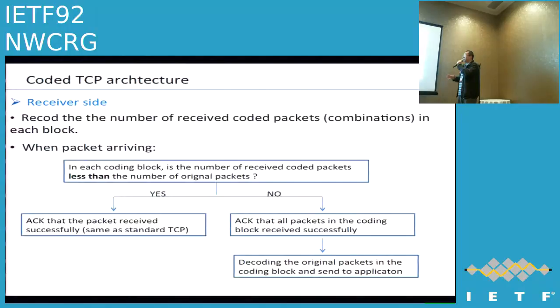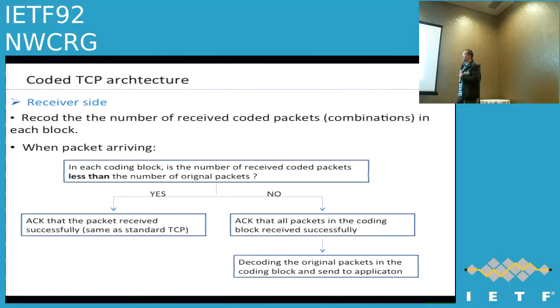This is the same as standard TCP, because in this case we cannot decode the coding block, so we just behave like standard TCP. On the other hand, if the number of the received coded packets is equal to or greater than the number of original packets, that means we can decode successfully, and all packets are received successfully.